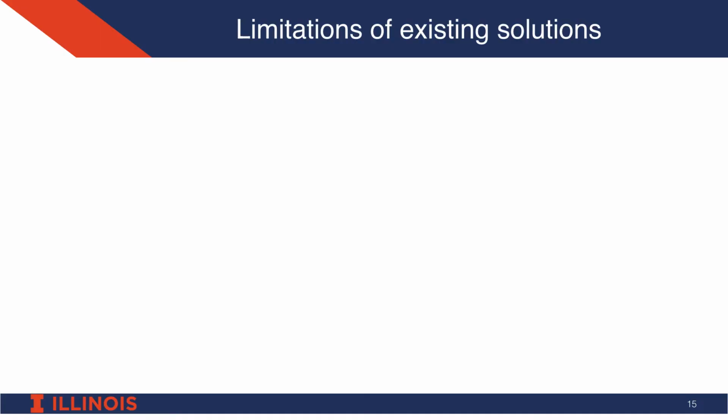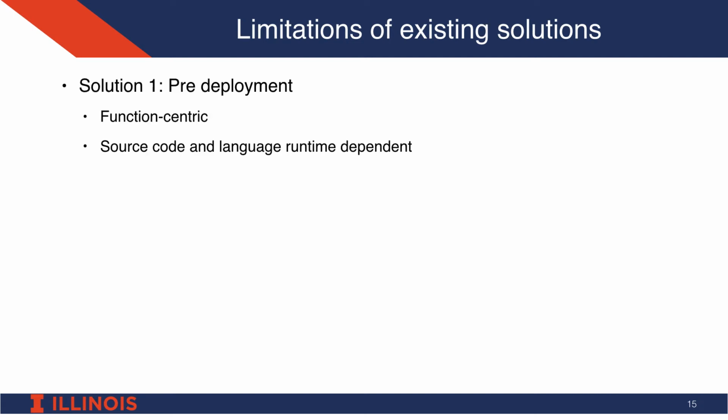Now, can existing solutions be used to combat these threats? We will look at two types of solutions. Firstly, the pre-deployment tools. These include language runtime libraries that secure a single function according to developer defined policies as part of the source code. Some of these solutions employ static analysis of function source code and configuration files to detect violations of the principle of least privilege and check function dependencies against vulnerability databases.